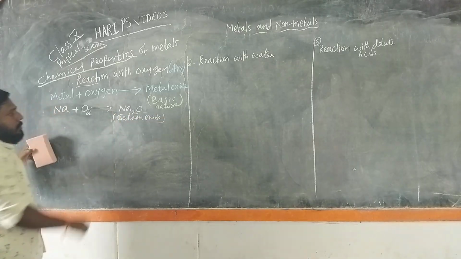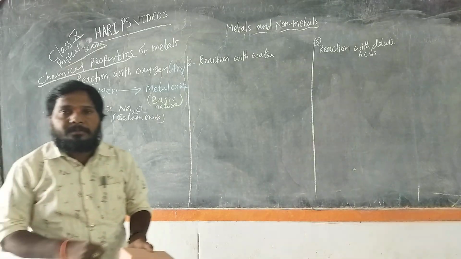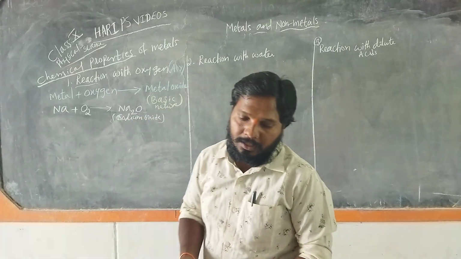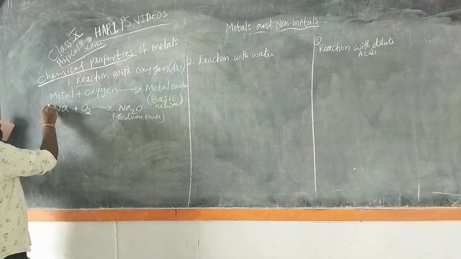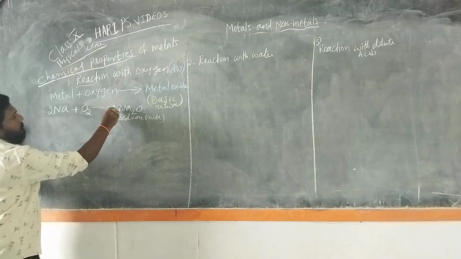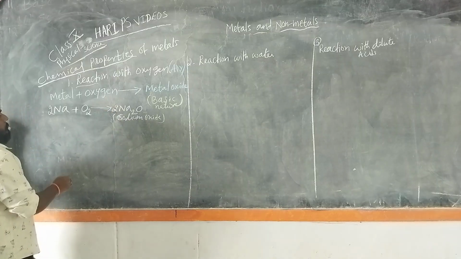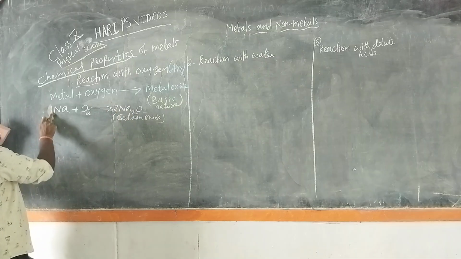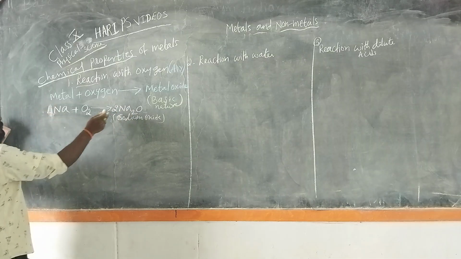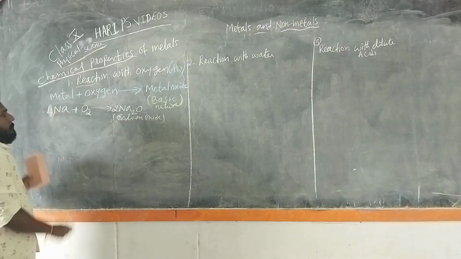Let us check whether it is a balanced chemical equation or not. We should write the balanced chemical equation: 4Na + O2 gives 2Na2O, four sodiums and two oxygens.